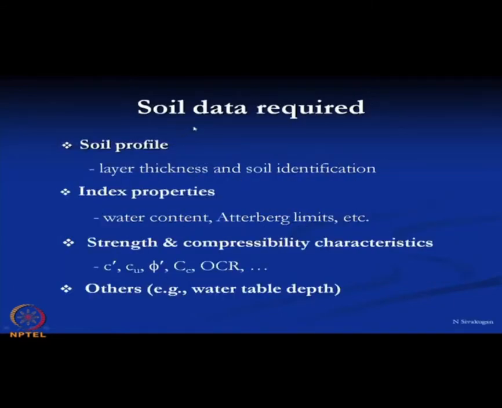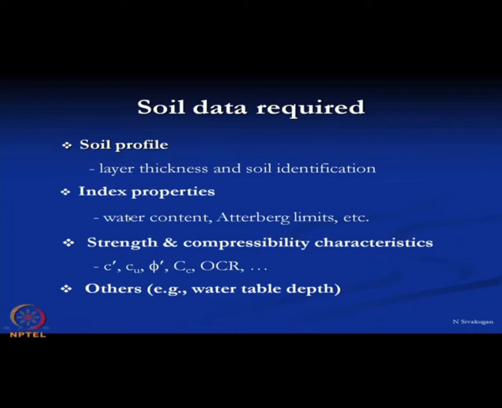Now, before we go for soil exploration, we should know what soil data are required. Soil data required, as I mentioned, are the soil profile, that means the thickness and soil identification, which is important. Then the index properties.